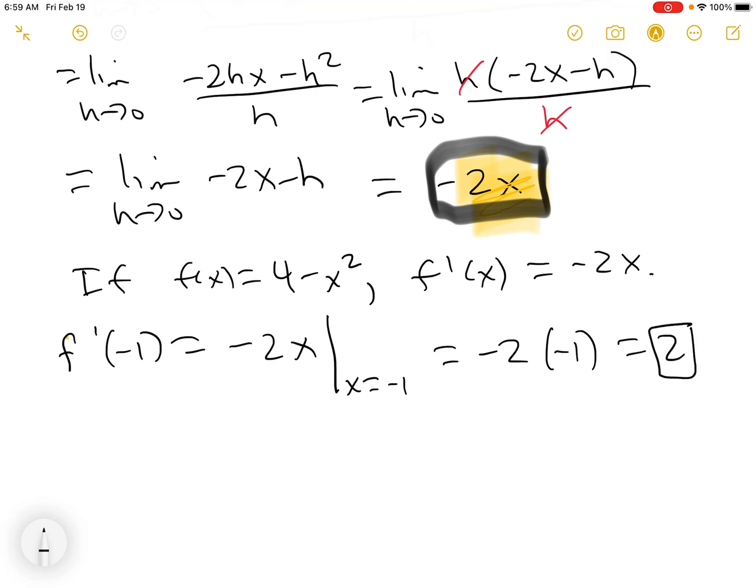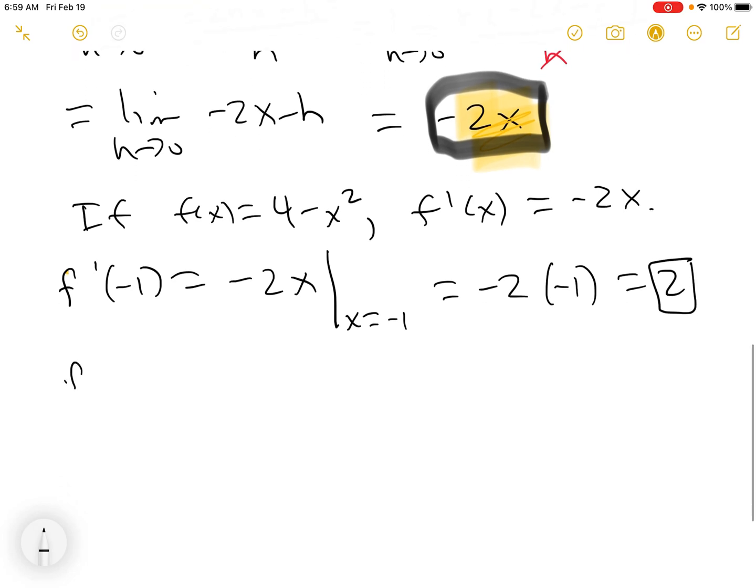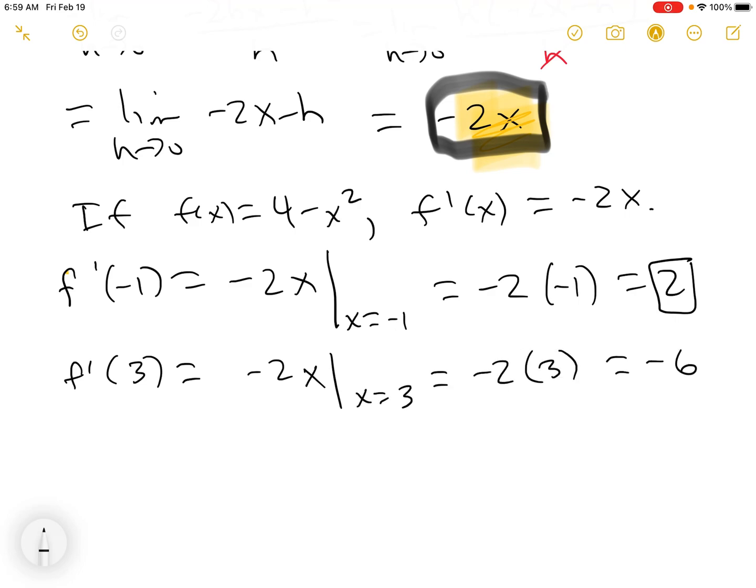That's 2. If you wanted to find f prime of 3, it would be minus 2x evaluated at x equals 3. This is minus 2 times 3, and this is negative 6. So it's much more efficient once you find the derivative as a function of f instead of doing it for every point.